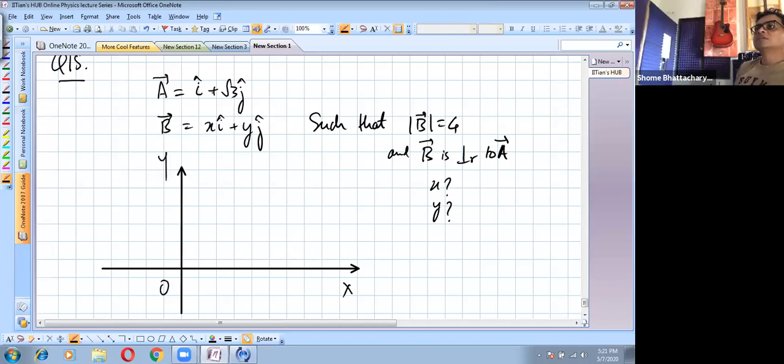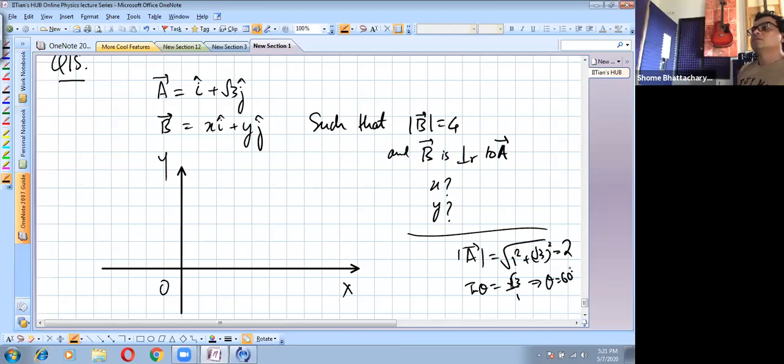You can see the vector A is such that its magnitude will come out to be root of 1 square plus root 3 whole square, so that is 2, and tan theta will come out to be root 3 by 1, that is y by x, so theta will come out to be 60 degrees.